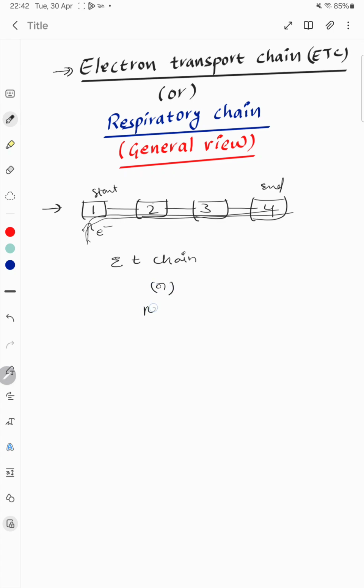Then why the respiratory chain? In order for this electron transport chain to occur, oxygen is required. Oxygen is essential.